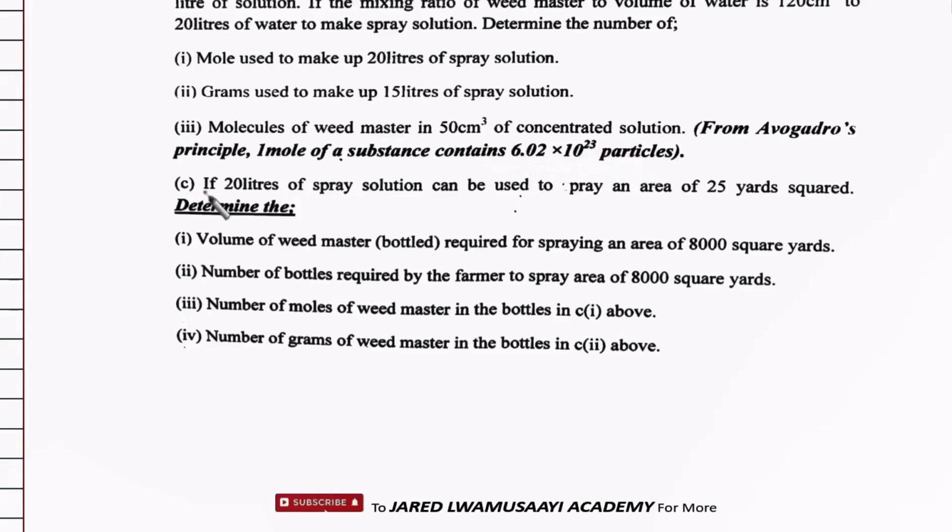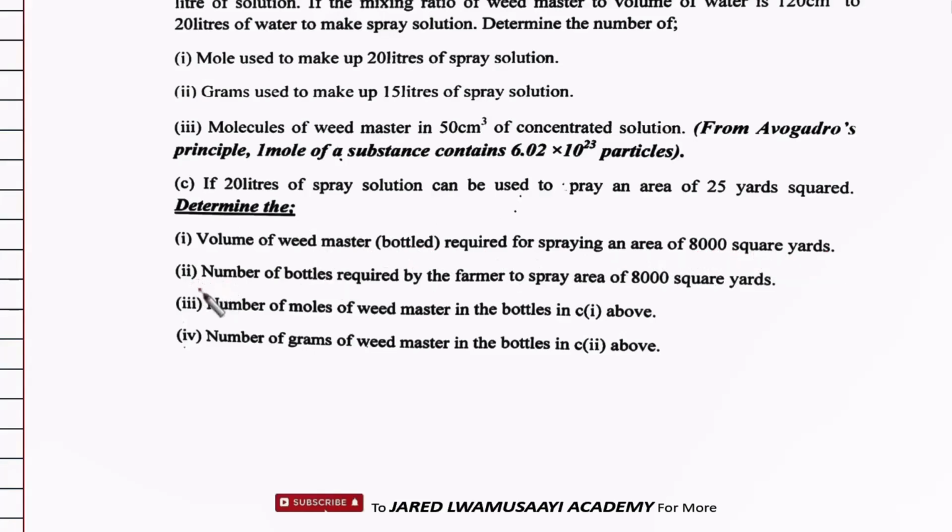Then part C of our task reads: if 20 liters of spray solution can be used to spray an area of 25 square yards, determine, Roman number 1 of part C, the volume of Weedmaster, in brackets bottled, required for spraying an area of 8,000 square yards.